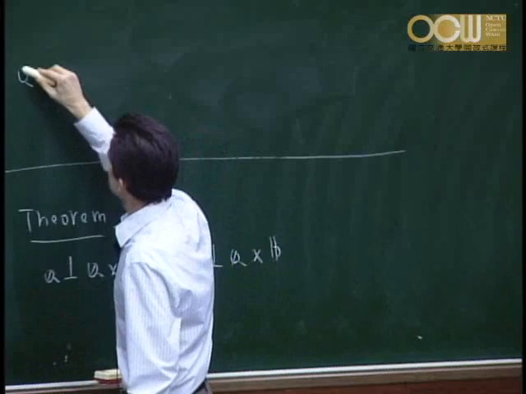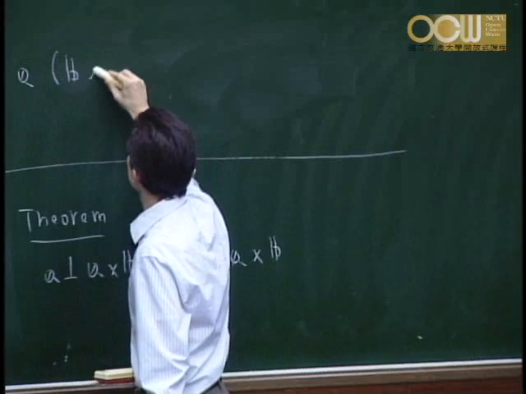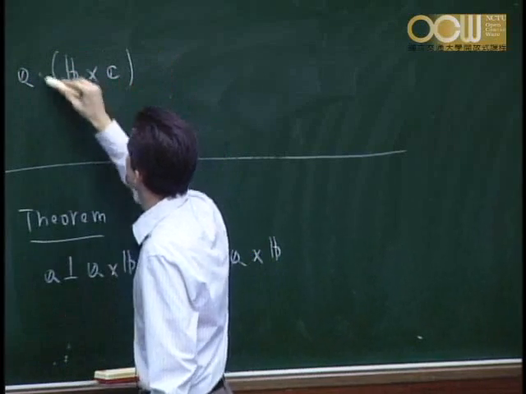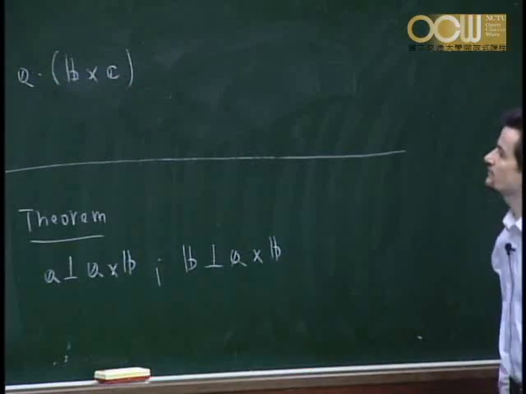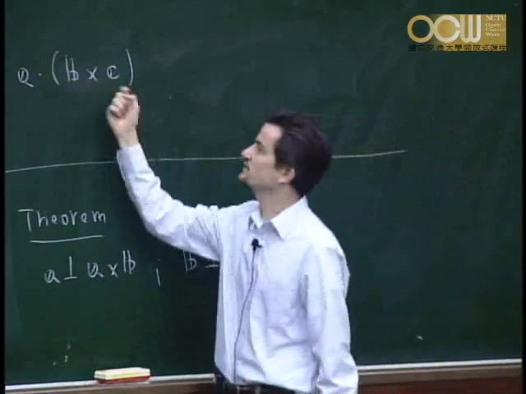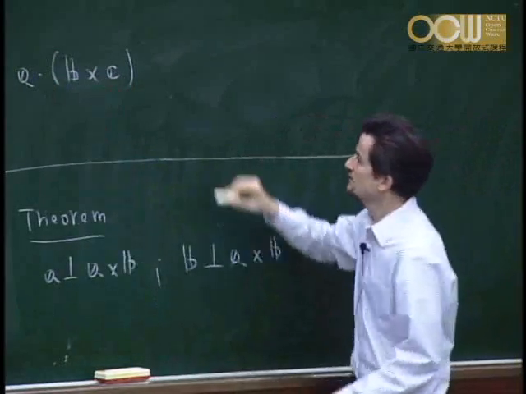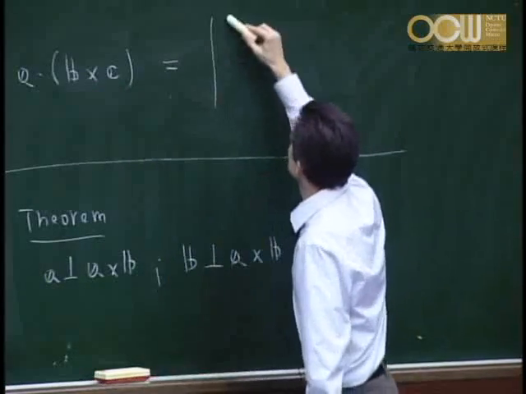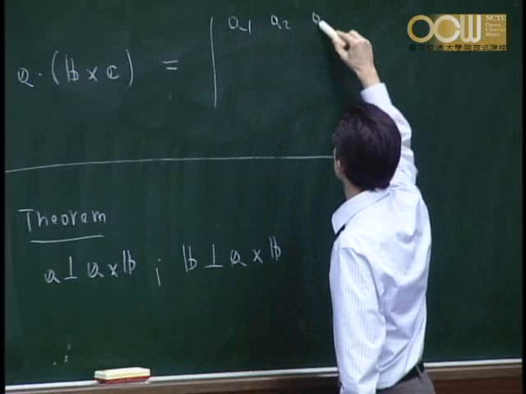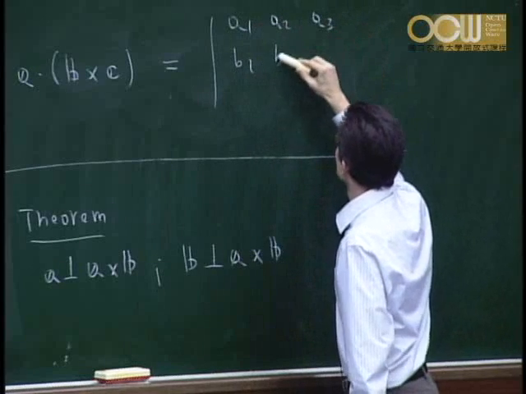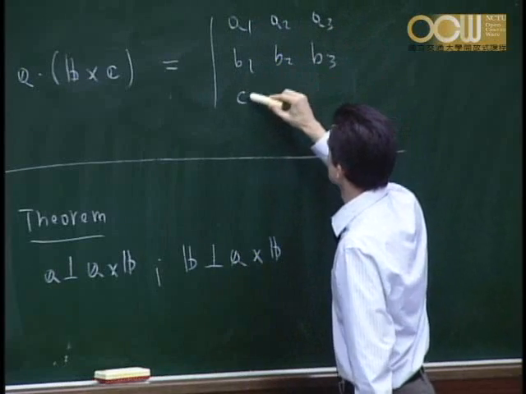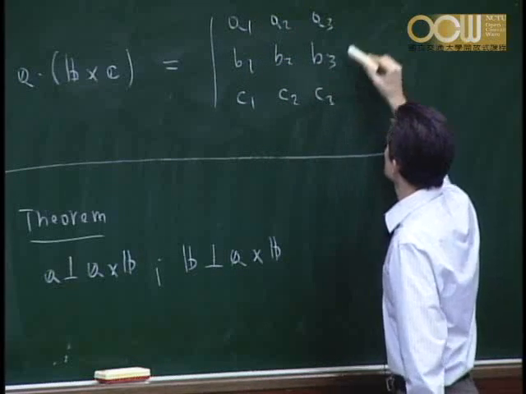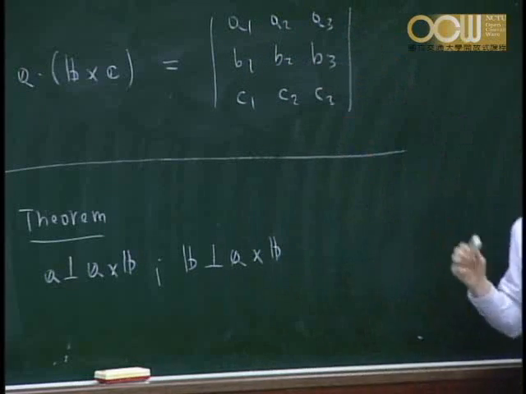So you see that if you have three vectors and you compute the cross product of B and C and then the dot product with A, by definition you can easily check that this is just the determinant of this matrix here.